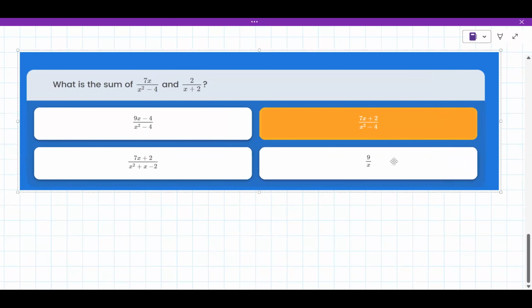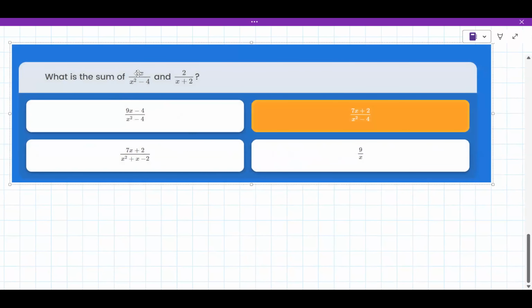So, okay. 7x over x squared minus 4 and 2 over x plus 2. Do you remember at all how to add up rationals like this? It's okay if you don't, I'm just asking.